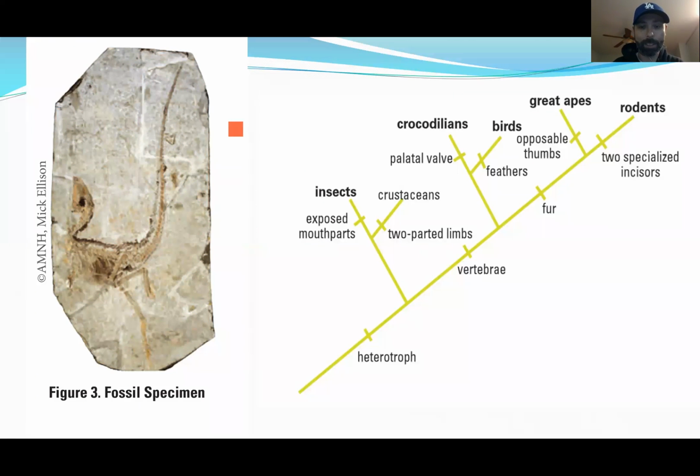You need to put a dot on the line that will show where you think the species exists, right? Does it go down here, somewhere between insects and crocodiles? Is it past the crocodiles over here? Does it go here? There's all these different places that it could go. Your job is to use the anatomy that you can see to make your guess.